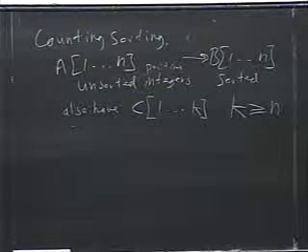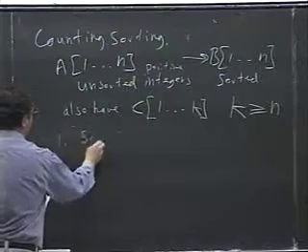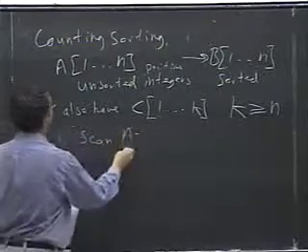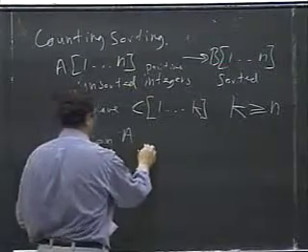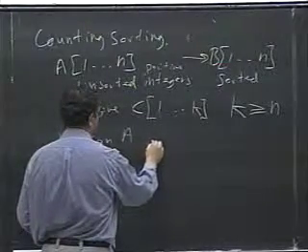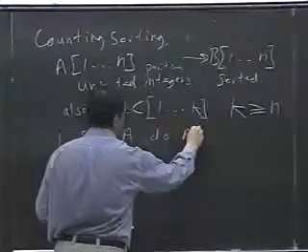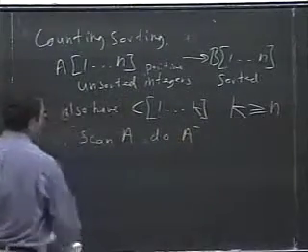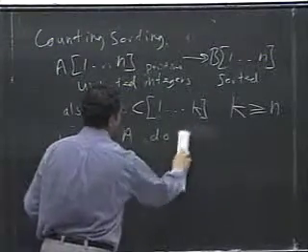So how does this algorithm proceed? Basically, step 1 is you scan A. So you're just going to go through the elements of A. I'm trying to make this a sort of a mixture of English and Fortran or something.